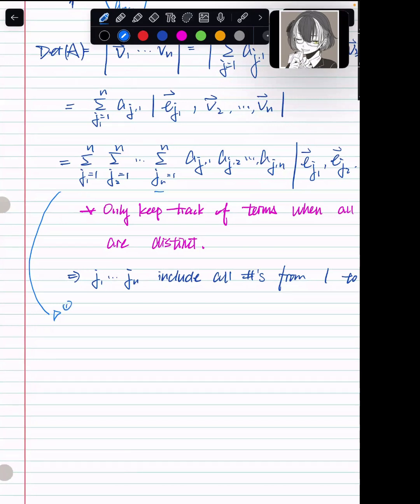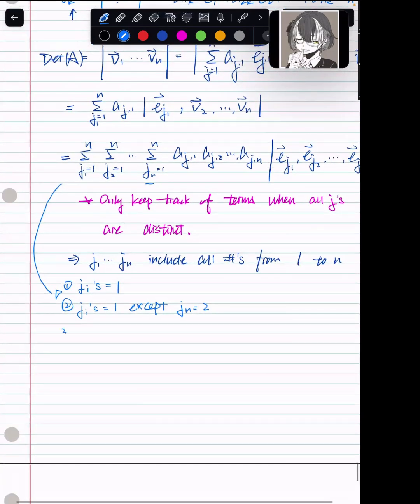The first case would be all the Ji's equal 1. The second case could be all the Ji's equal 1, but the last one, Jn, equals 2, like this.